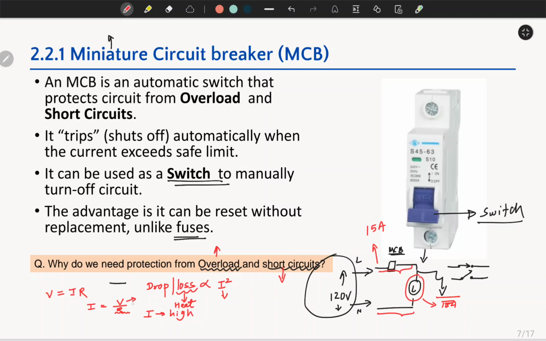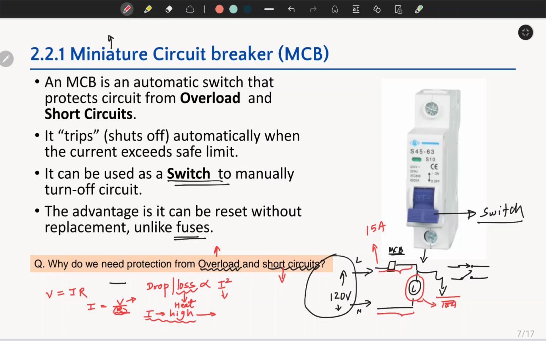My voltage is fixed, but this R earlier had some value due to the connection of this load, and now R has become negligible due to the fault. So it will lead to very high current, which will lead to fire hazard, faults or damage to my other system.